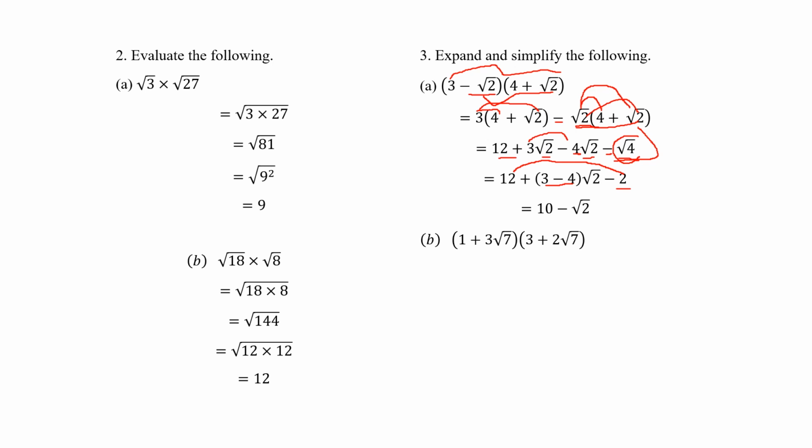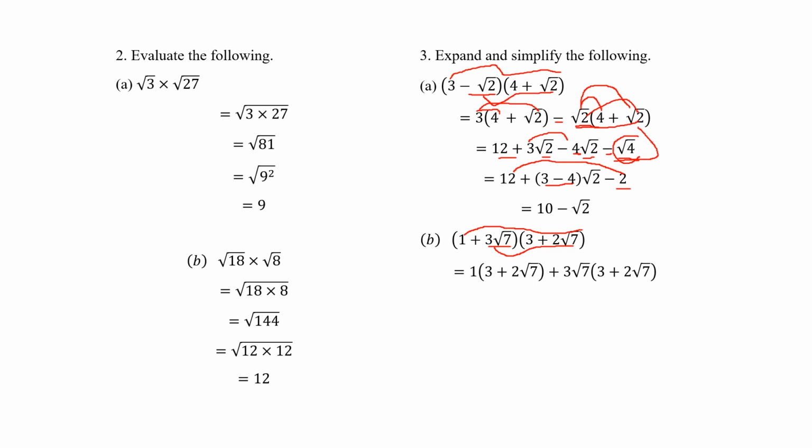When we go to part B, expand, just like in part A, the 1 is going to multiply the whole of that bracket. The 3 root of 7 is going to multiply the whole of that bracket. Then when we open the bracket, any number times 1 is that number.